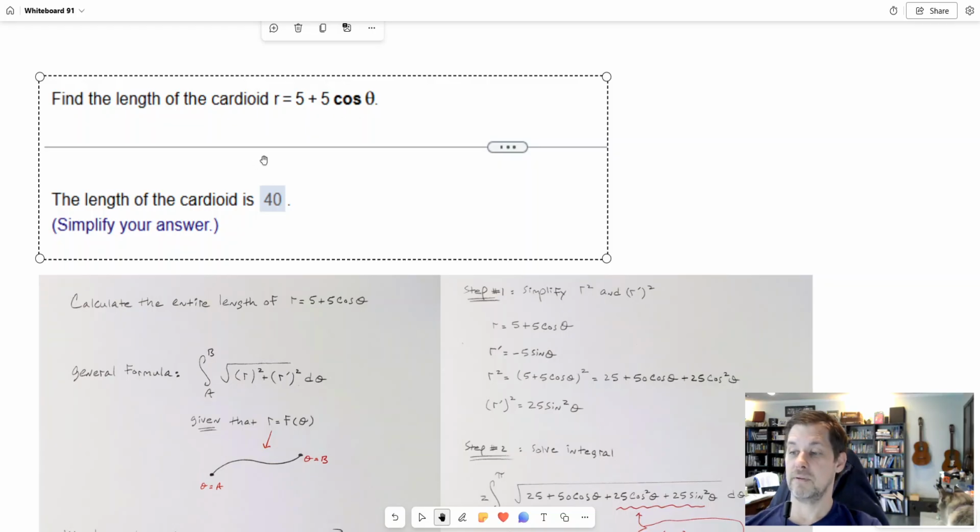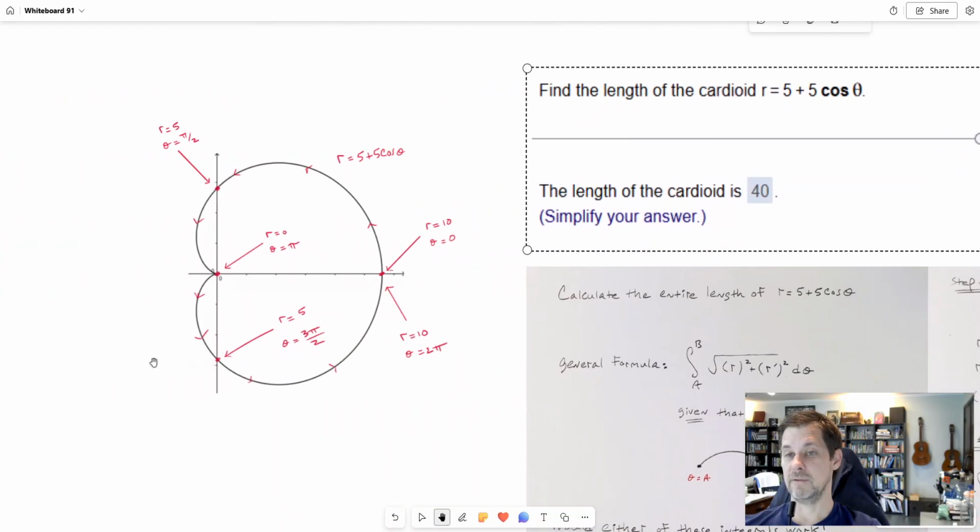Well, to understand that, I think we'd have to know a little bit about polar graphs and polar coordinates, and I've covered that in some lessons I've already posted. So here I'm going to go straight to what the graph looks like. Here's the graph of 5 plus 5 cosine theta. It looks like that. When theta is 0, you get this point. r is 10.